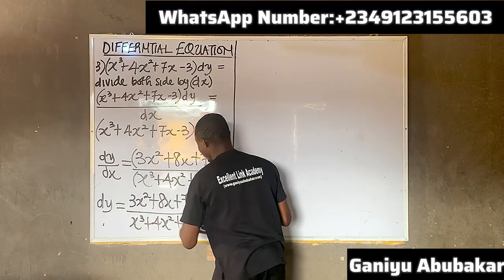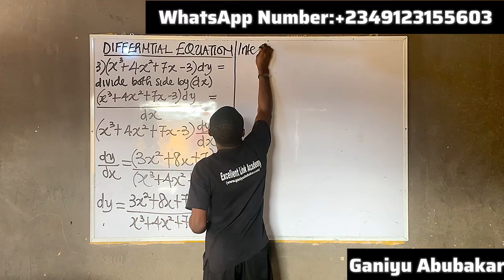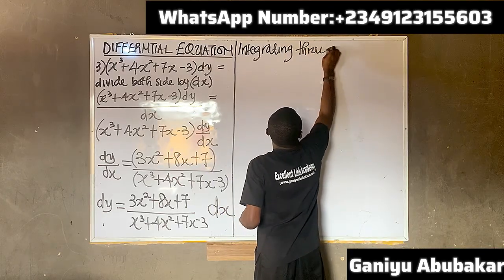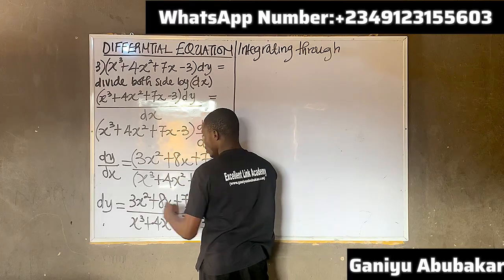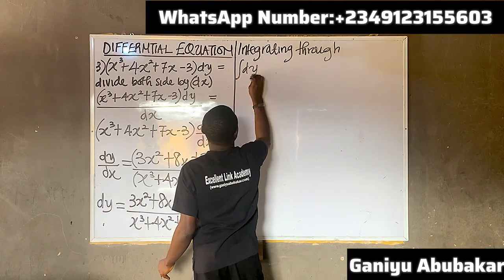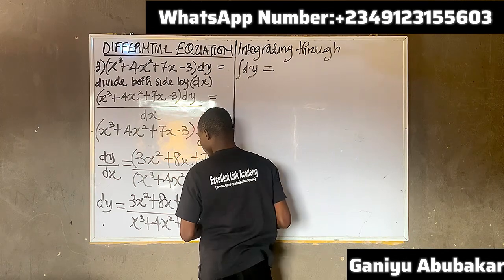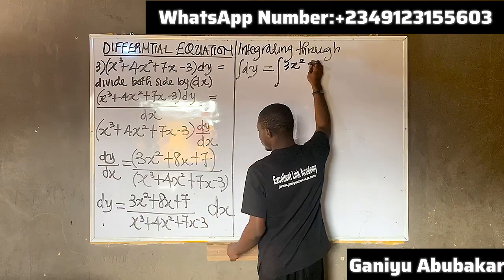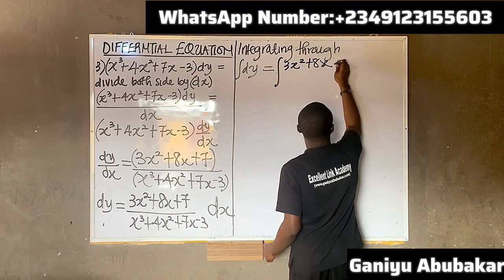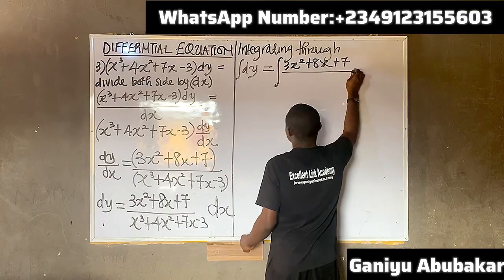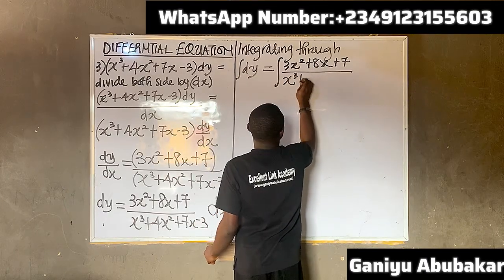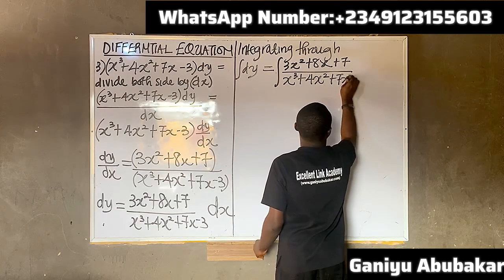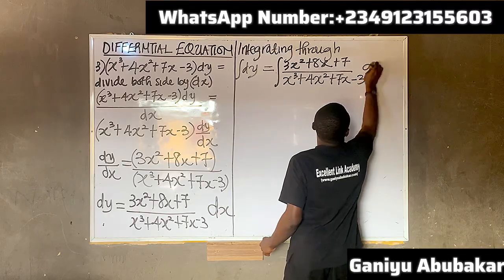So the next part is integrating through. Integrating through gives you the integral of dy is equal to the integral of 3x squared plus 8x plus 7 all over x cubed plus 4x squared plus 7x minus 3 dx.